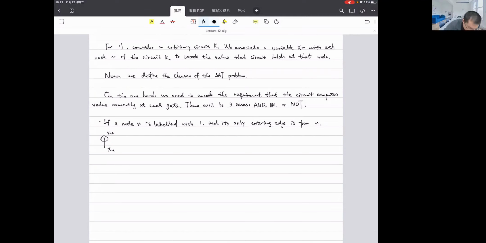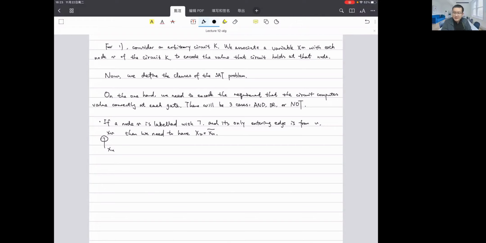So in this case, we need to have that XV equals the NOT of XU. We need to promise that XV equals the NOT of XU, which is something happening in the circuit.